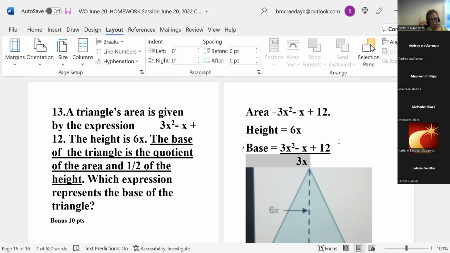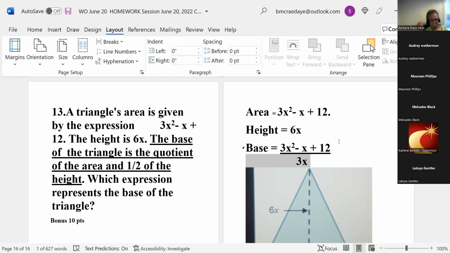No, 1/2 is 1/2, not 1.5. Half of 6 is what, Mercedes? 3. Yeah, so 1/2 of 6x is 3x. I had 1/2 of the height, and the height is 6x, so 1/2 of 6x is 3x, right?